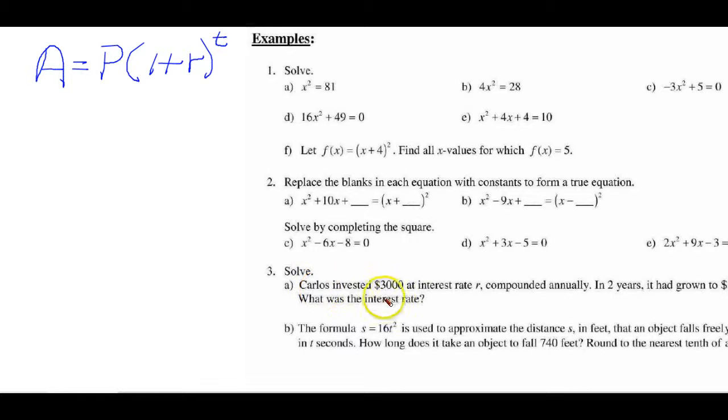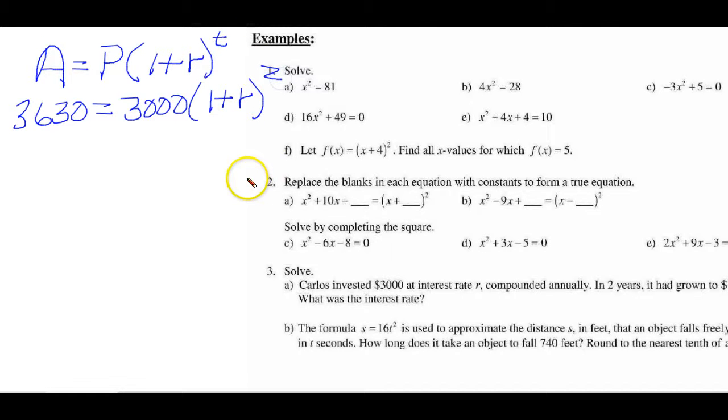They're not giving it to us here, but I'm giving it to you. I got it from the textbook. So this is going to be 3630. The principal was $3,000. 1 plus R. We didn't know what R was, but we know that T is 2.